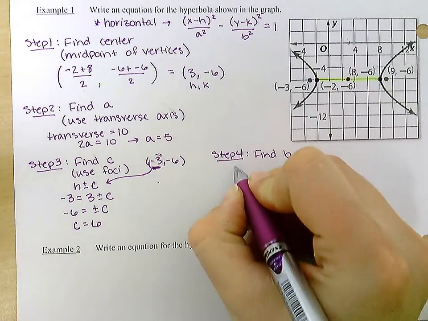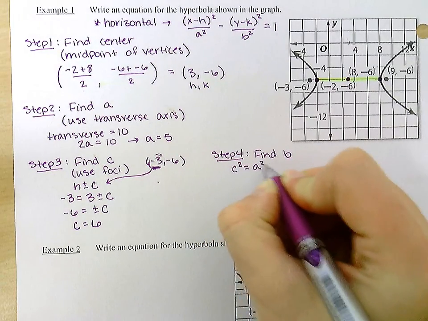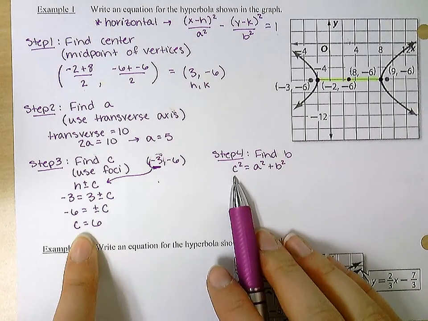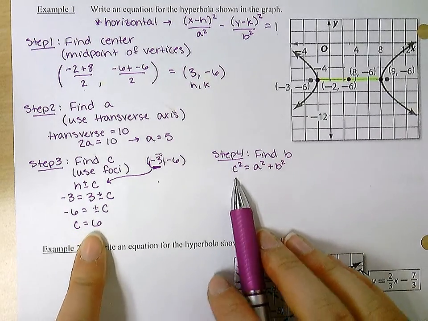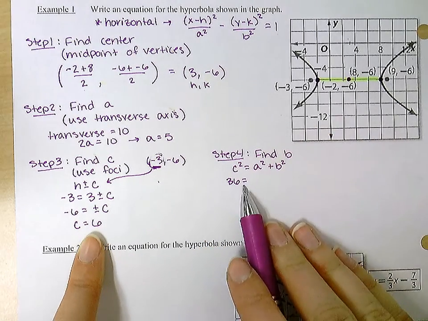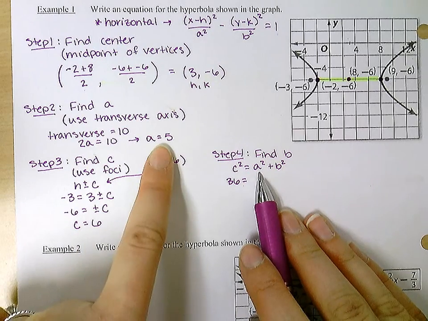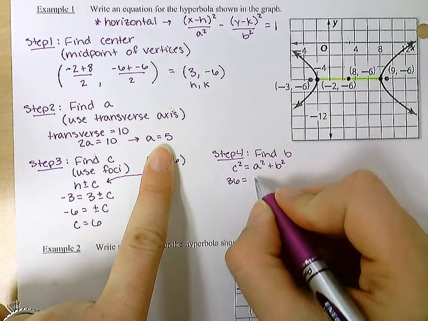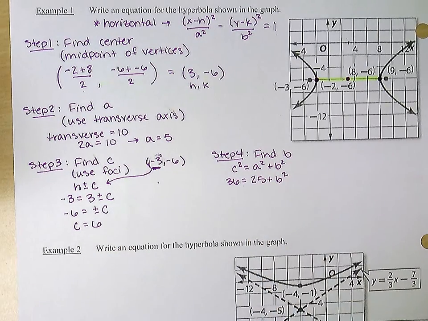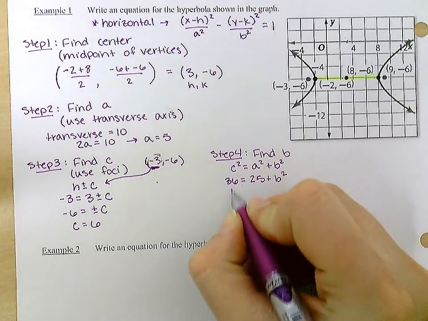We're going to use c squared equals a squared plus b squared. I have my c value, it is 6, so I can square that to get 36 is equal to our a squared value. a was 5, so that's 25, plus b squared. So just subtract 25 from 36 to get 11.